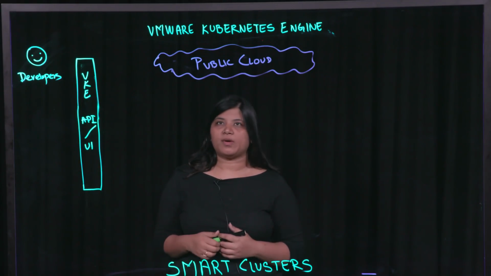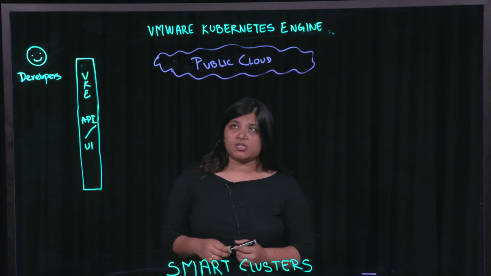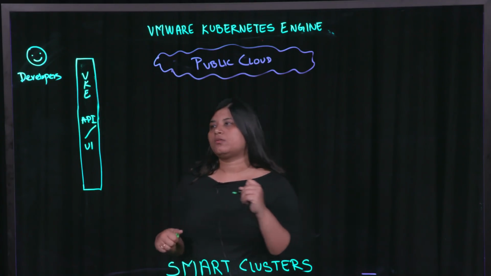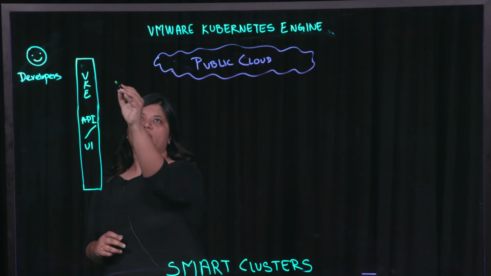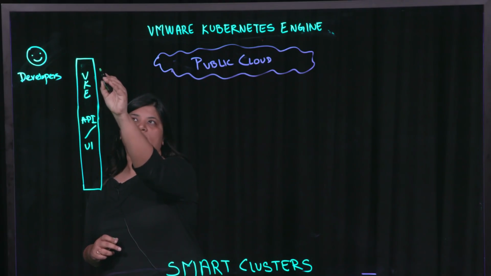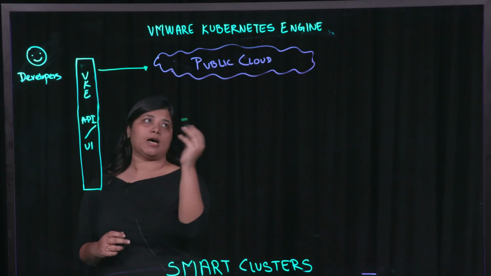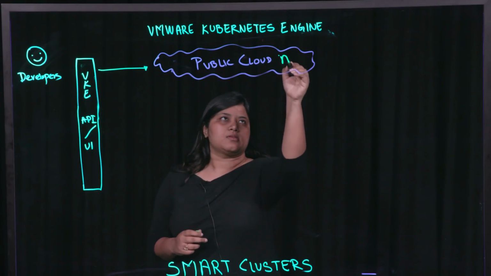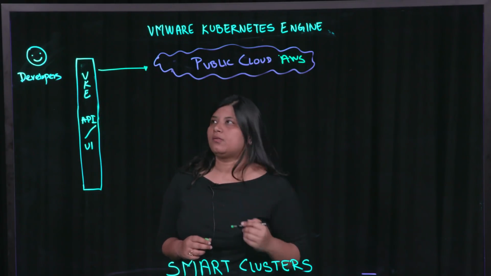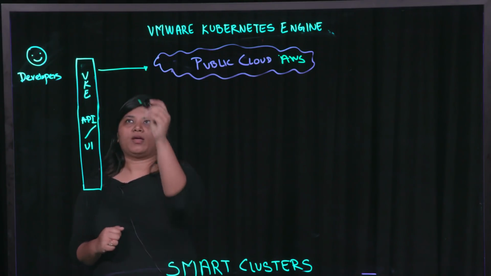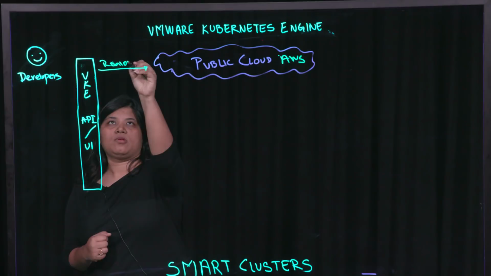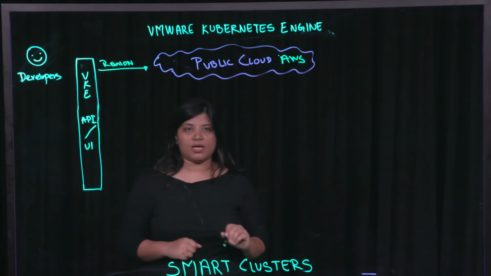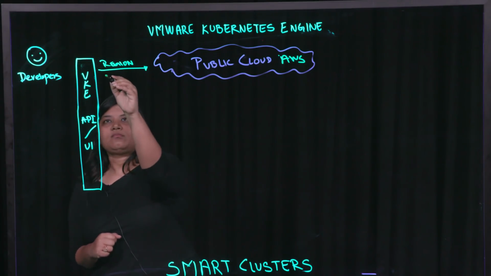Now, what do we really mean by that? As developers start coming in and they go to the VKE API or a UI, they are going to request a cluster that's in a specific public cloud. Let's say this is AWS, for example, and they're going to say, okay, I want my cluster to be in a specific region, and that's about it, and the name of the cluster.